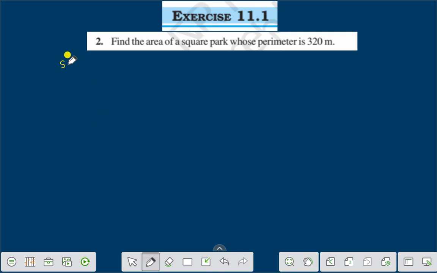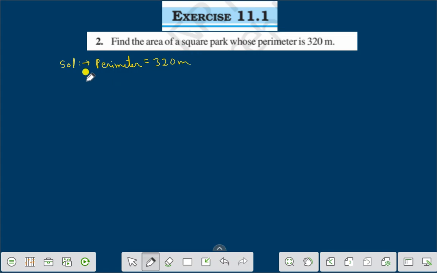Here you see that perimeter is given. Perimeter is equal to 320 meter.